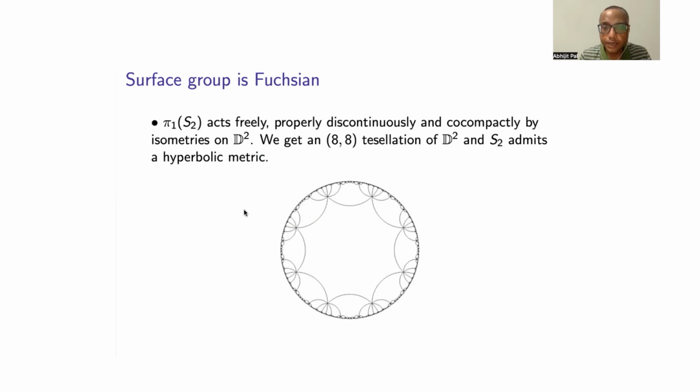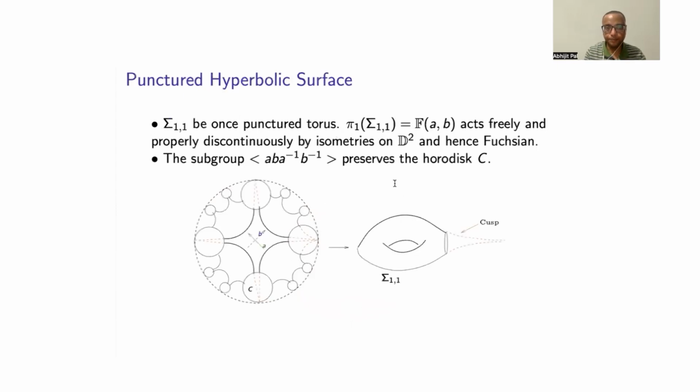Therefore, we get an 8-8 tessellation of this unit disk, and we have proved that this surface S2 admits a hyperbolic metric using covering space theory. Similarly, if I take the punctured surface sigma 1,1, it is the surface with one puncture and genus one.